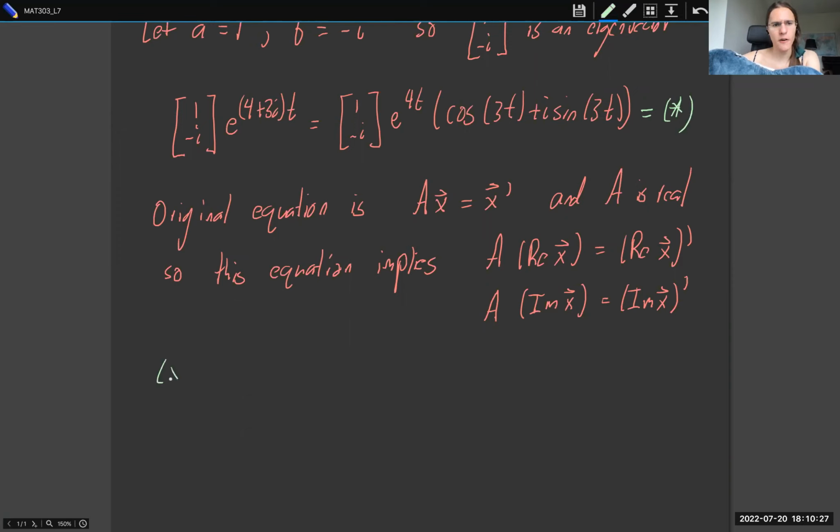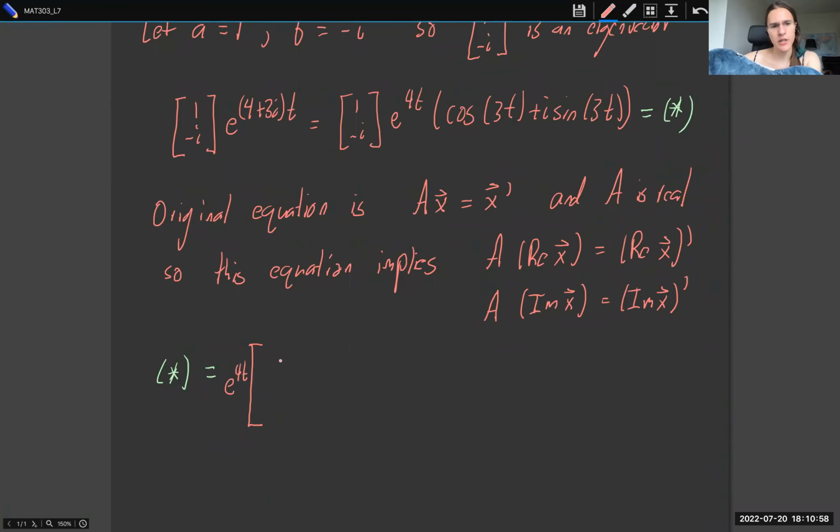Well, then star is equal to, and now we can split it up as, well, let's see what it would mean to get a real part. So we have this times 1, and then we have i times this. I can keep the e to the 4t out front.